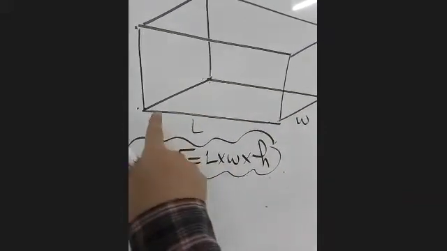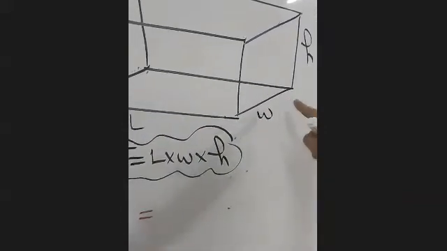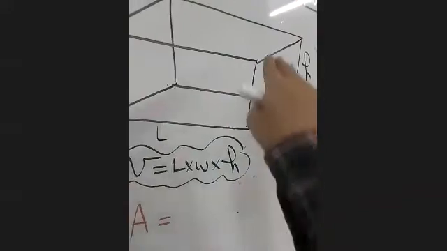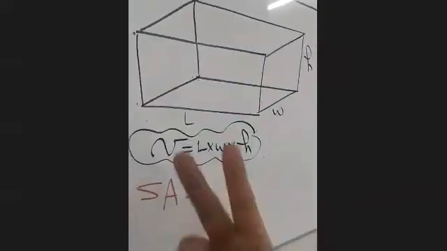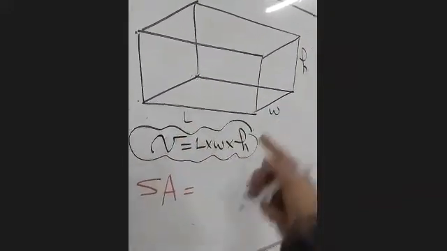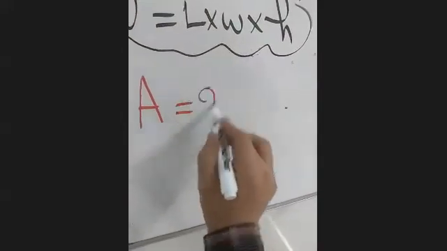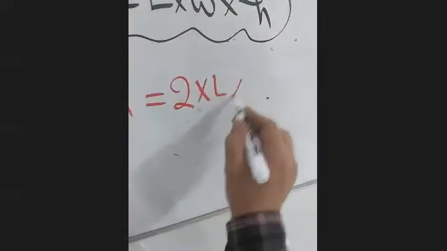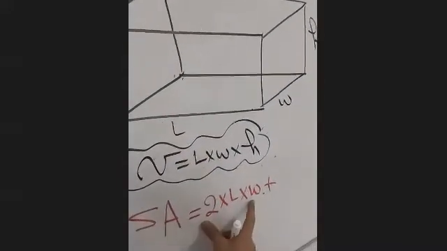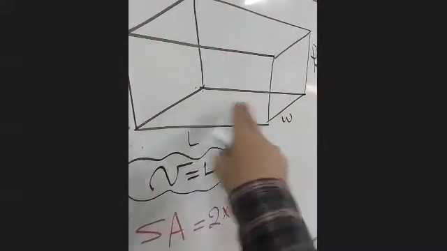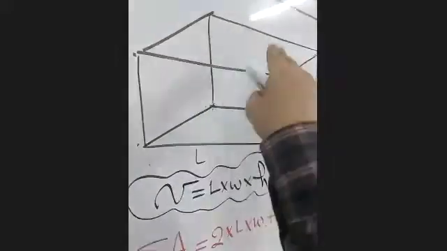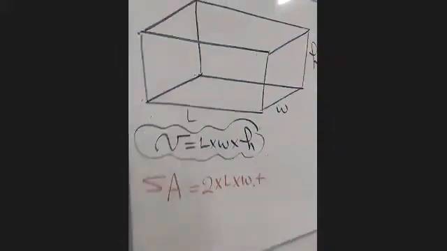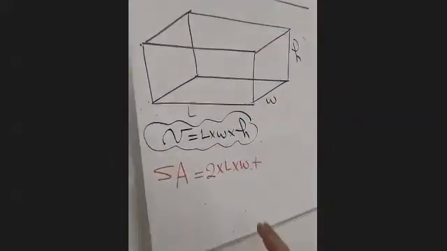The area of it is length multiply width, but it is the same as the roof. So we have 2 areas with length multiply width. So I will start with 2 multiply length multiply width, which gives you the area of the floor and the roof.